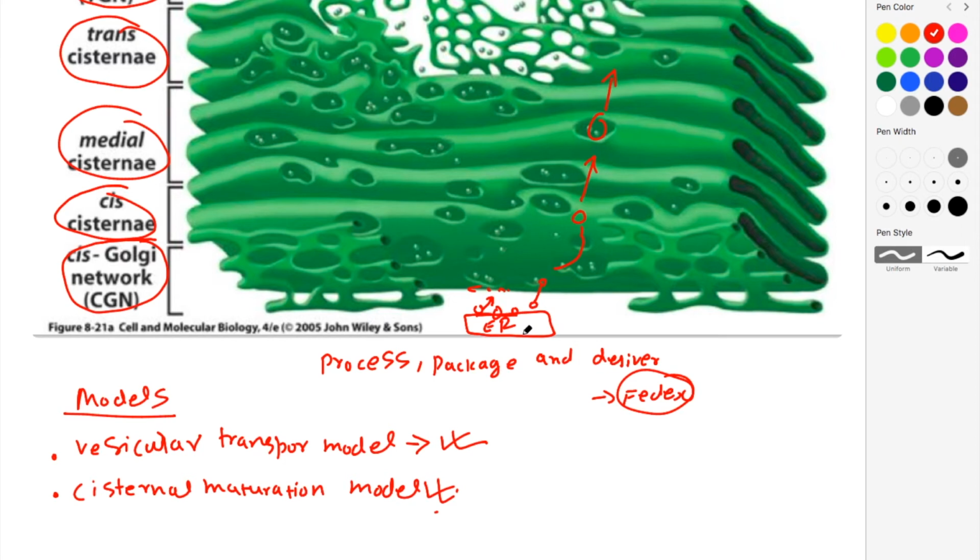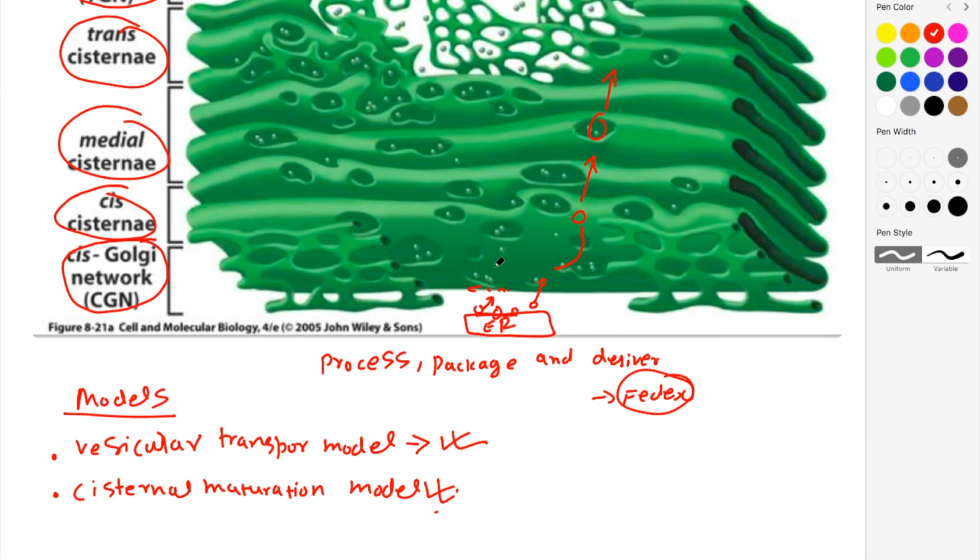So what it tells us is that when there is no budding from the ER and the Golgi complex disappears, that means the vesicles formed from the ER are making the Golgi network or Golgi complex.